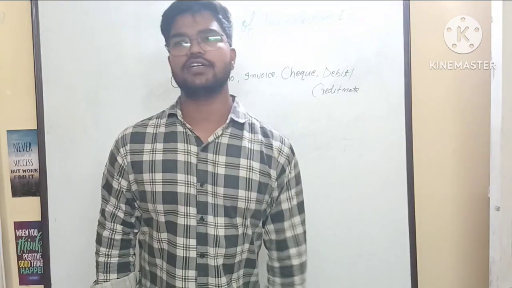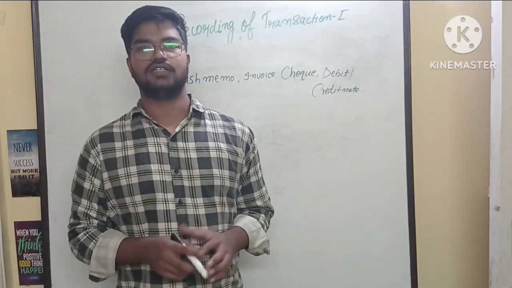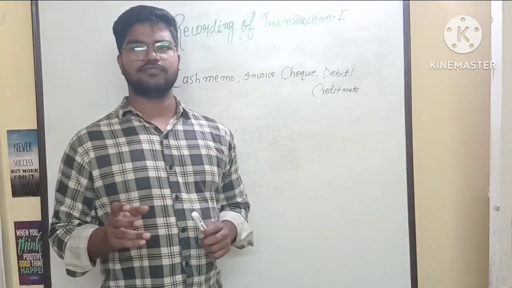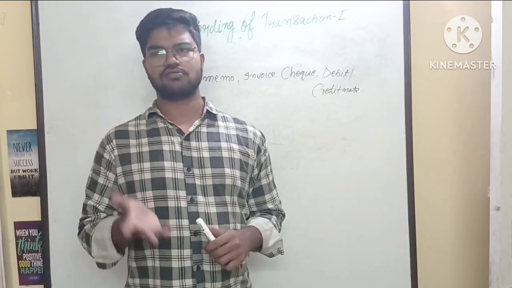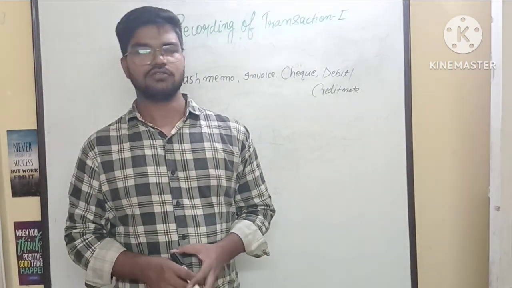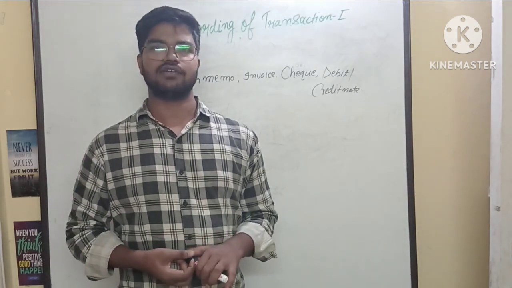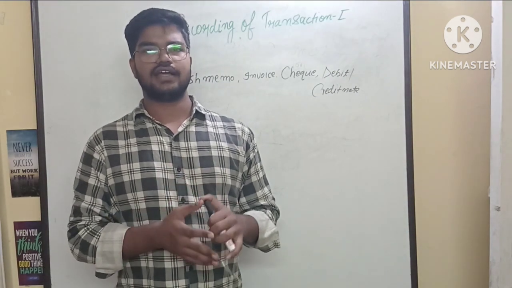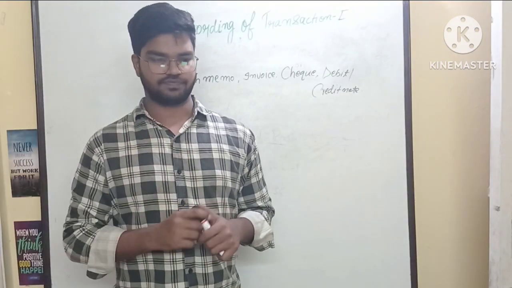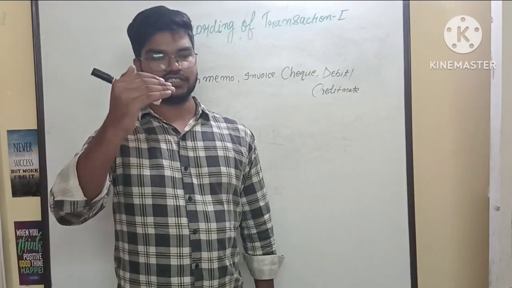Moving to the next topic, that is the journal. What is a journal? A journal is also called the book of original entry. It is a book in which transactions are recorded in chronological order. Chronological order means in a sequence.